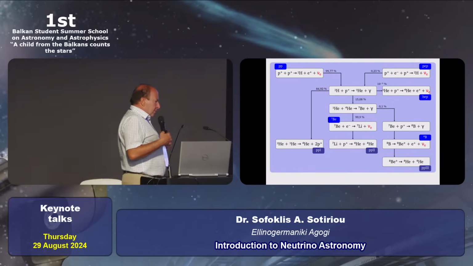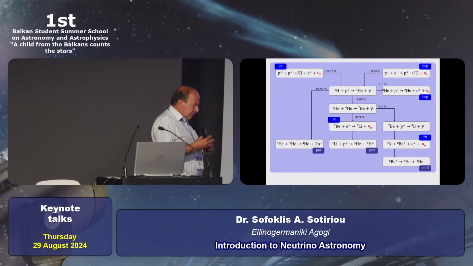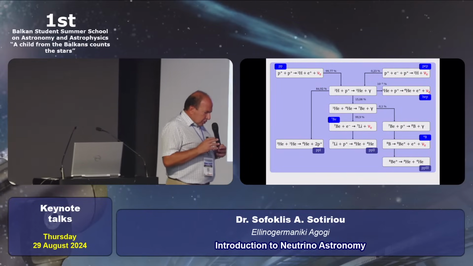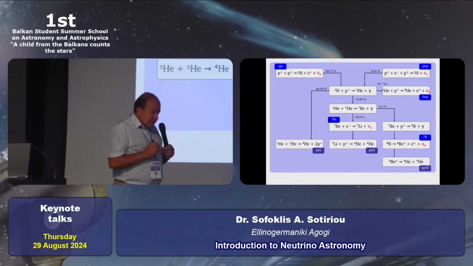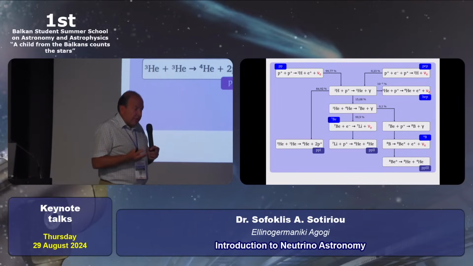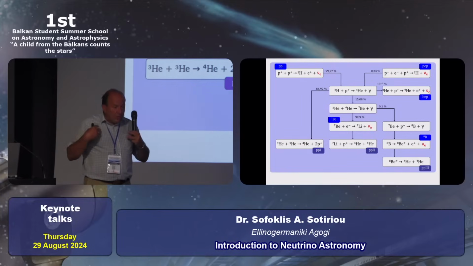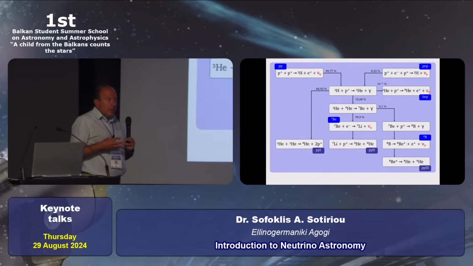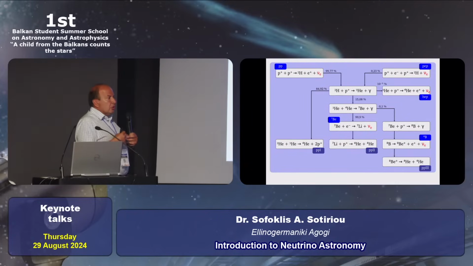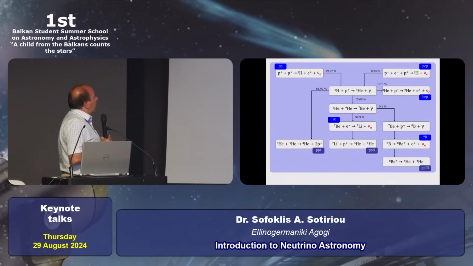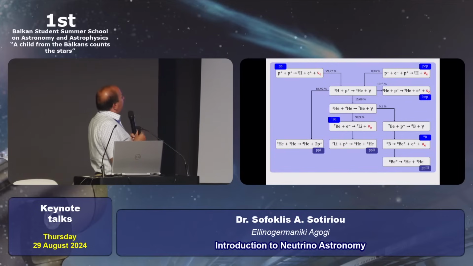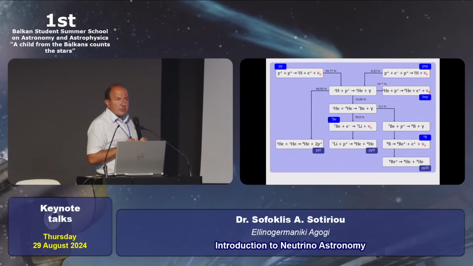So immediately, when we had the chance to study the nature of the neutrino, we said, okay, let's collect neutrinos from the sun. The sun is continuously sending us numerous neutrinos, so we have the chance to use the sun as our source and make measurements.